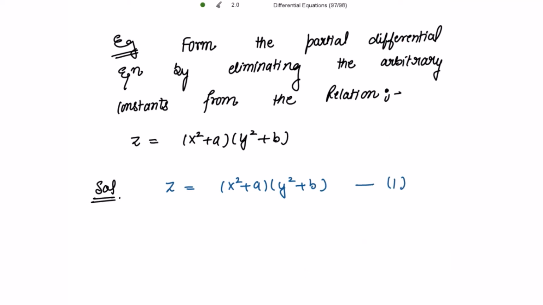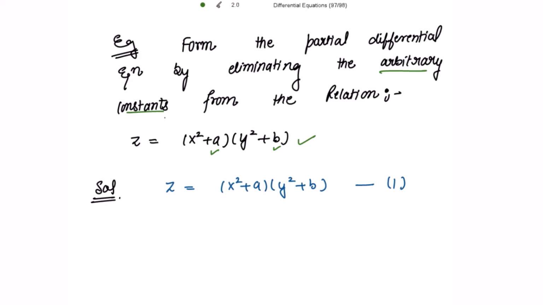The example is, form the partial differential equation by eliminating the arbitrary constants from the relation z equal to (x square plus a) into (y square plus b). So from this relation we have to form the partial differential equation, but we also have to eliminate these arbitrary constants a and b.